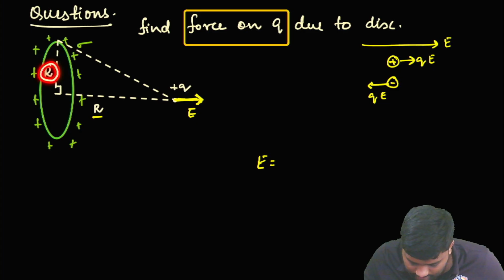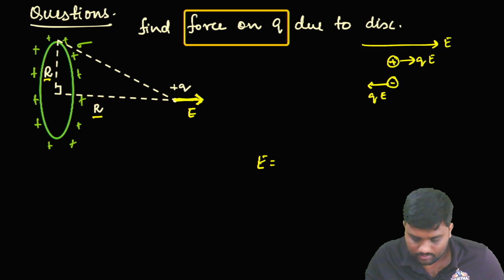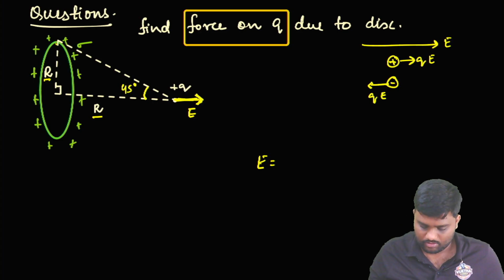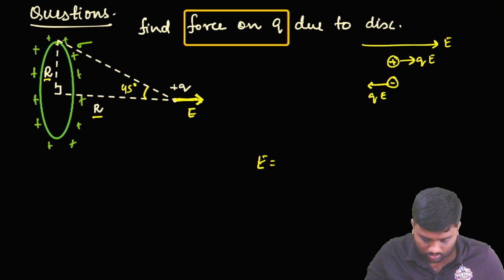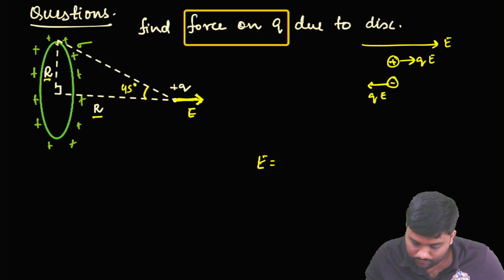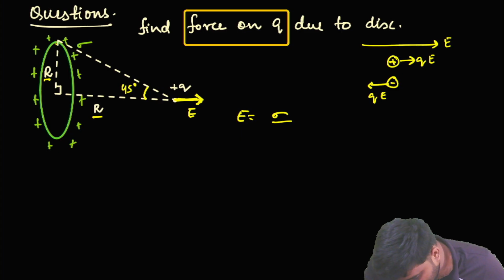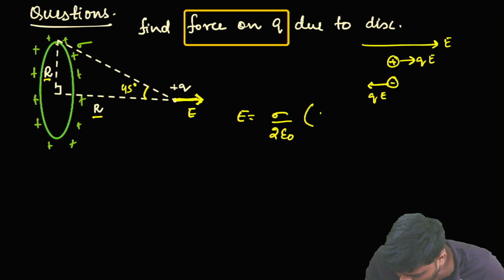This is the distance r, from the circumference to this so-called axis, you are going to have a 45 degree angle, right? So now they are asking you to find out this force. Here the electric field is given by sigma upon 2 epsilon naught 1 minus cos 45.